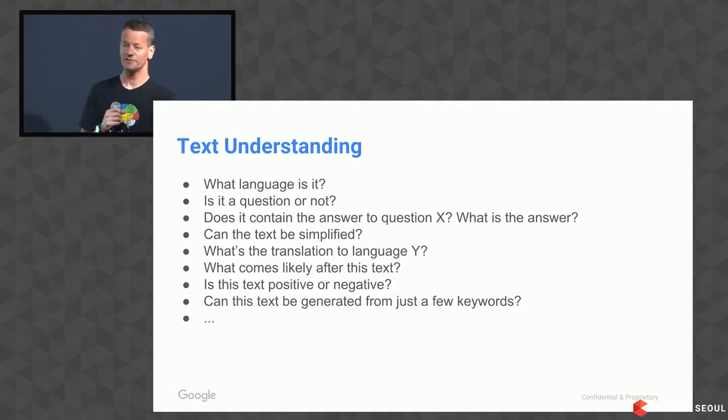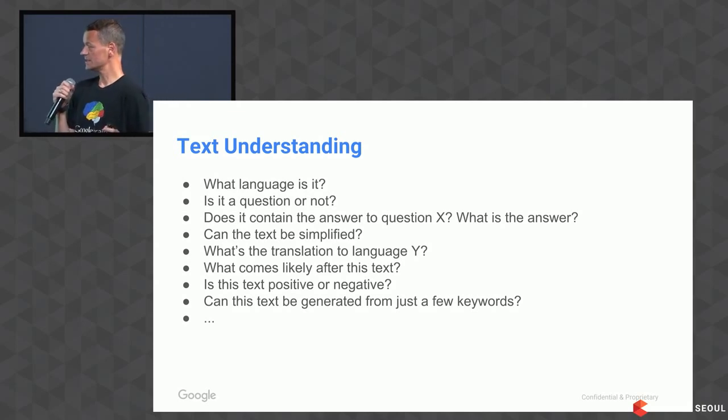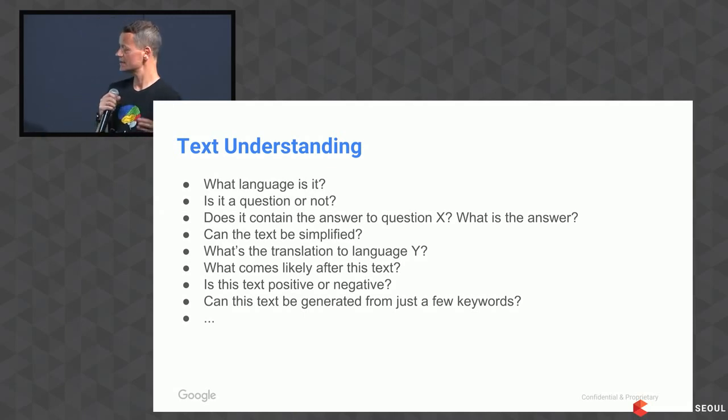What comes likely after this text? Is this text positive or negative? Can this text be generated from just a few keywords? And so on and so on. So all these are questions that product teams at Google ask to make a better decision for the user. And it's not only 10 things, right? It's probably 1,000 things that different groups are working on that just look like this.